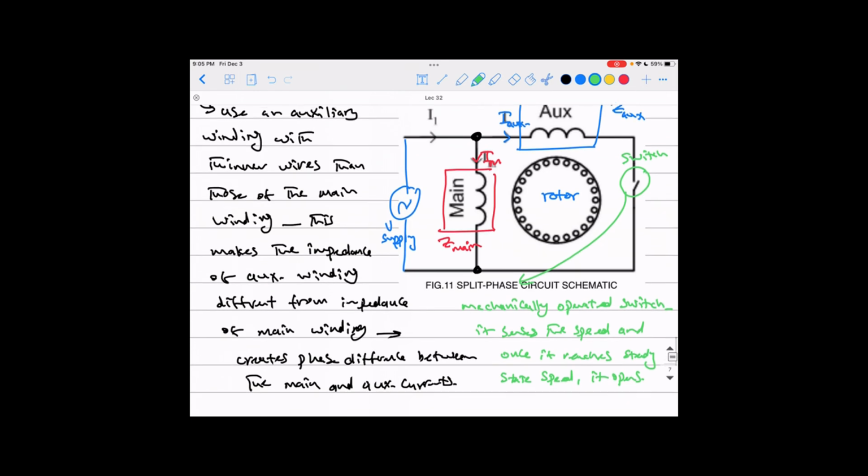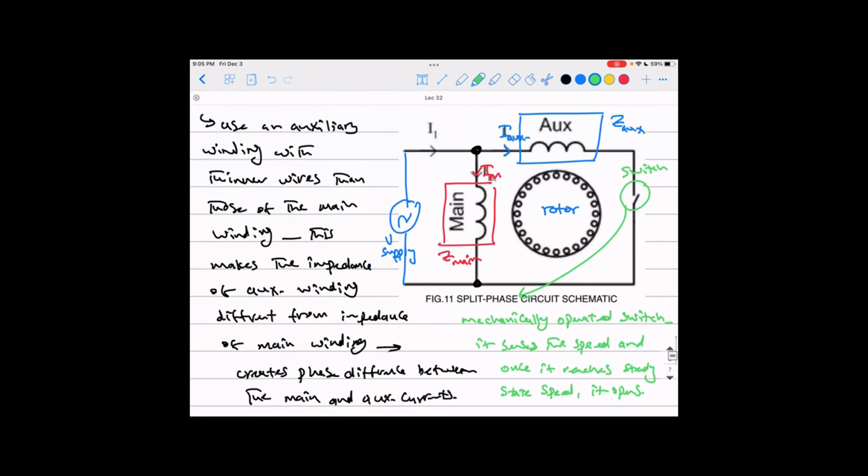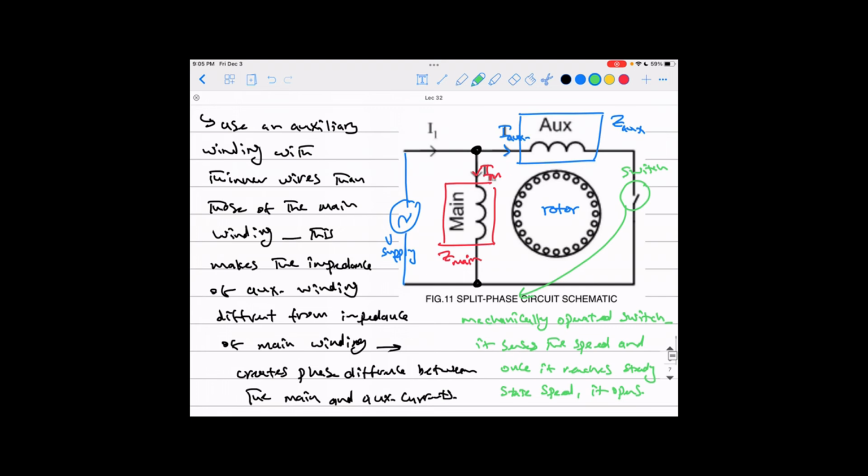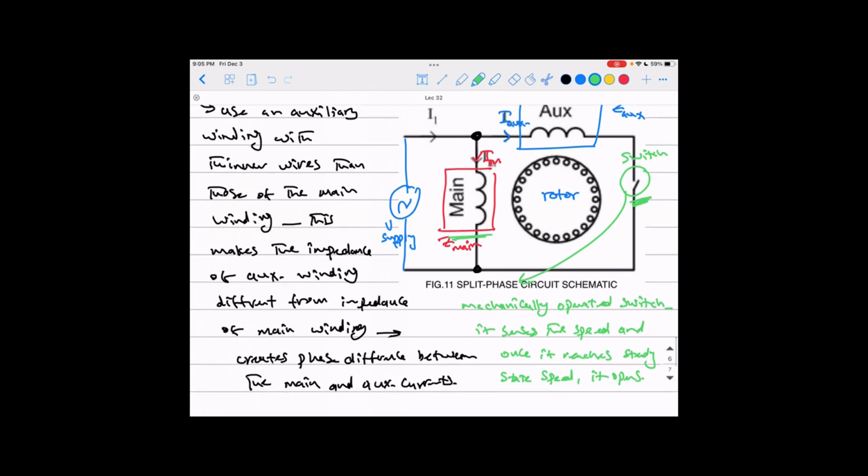So actually this auxiliary winding will not be there all the time, it will just be there for the starting, and this switch senses the speed of the machine, and once the machine has passed the starting period and reached steady state, it will just open, and this will hold this auxiliary winding out, and you just keep going with the main winding, and that's it.